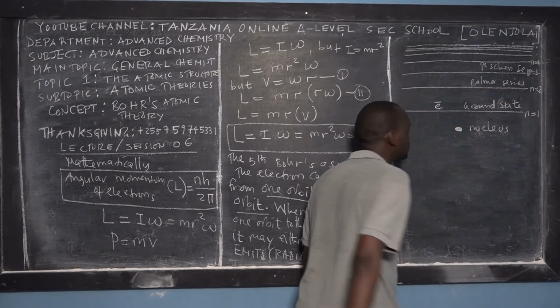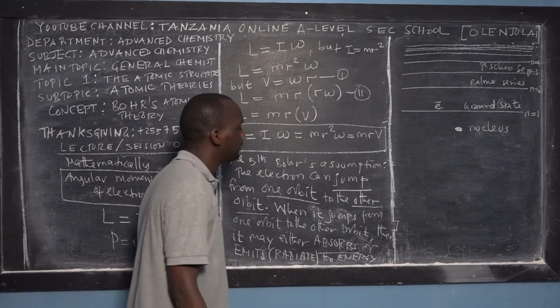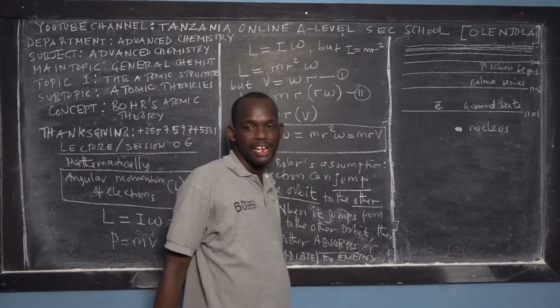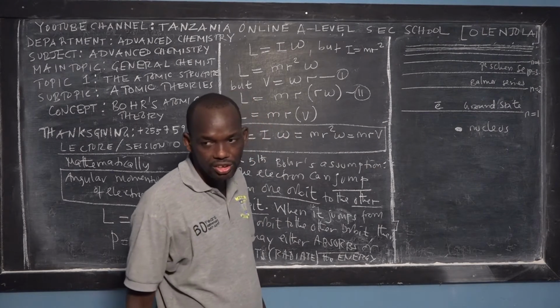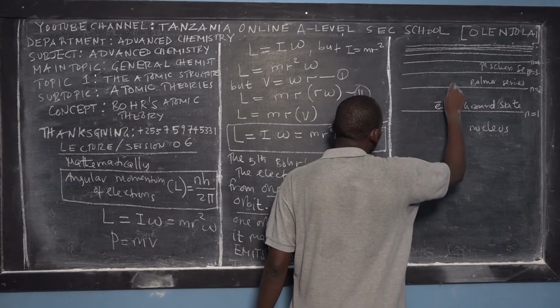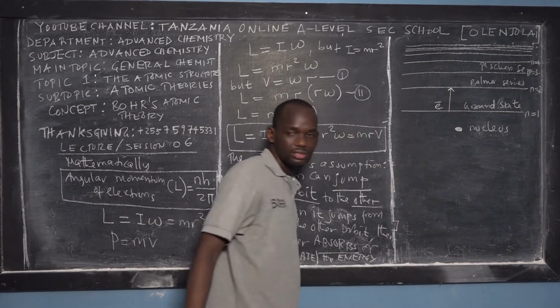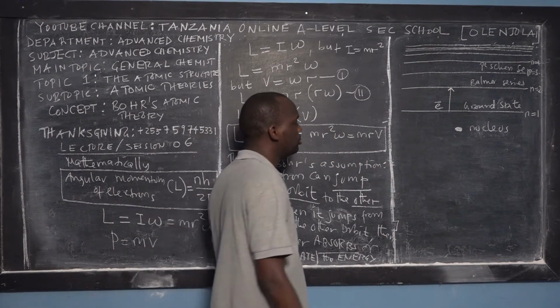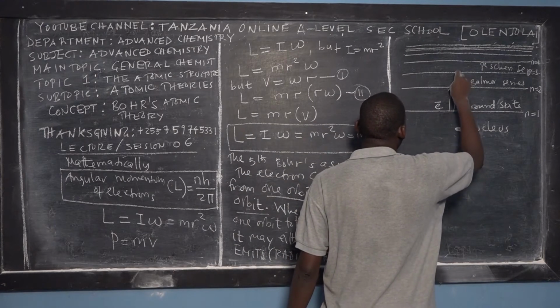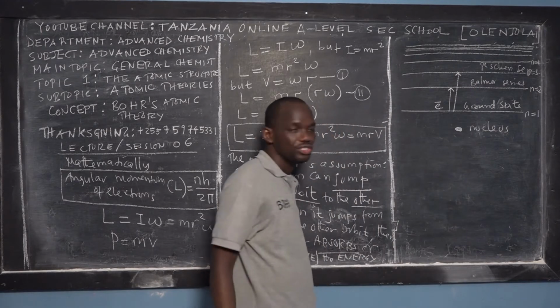Okay, so what happened? Listen, I want to explain those two concepts. When an electron is in the ground state, it has to absorb energy in order to jump from the Lyman series to the Balmer series. Right? So that's absorption. Again, if this electron wants to jump to the Paschen series, it has to absorb energy also.